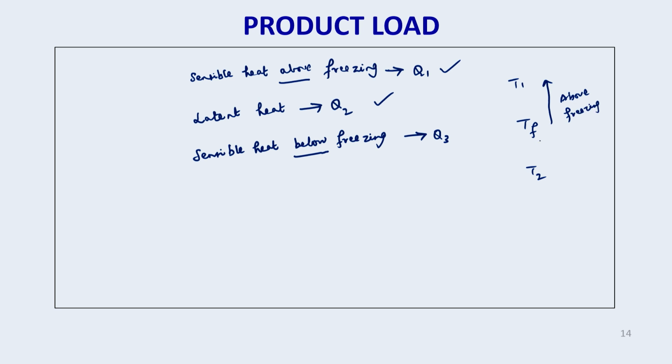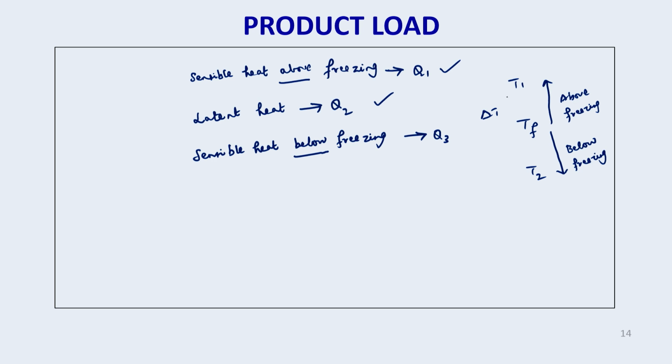So from T1 to TF, the delta T above freezing is T1 minus TF, and for below freezing, the delta T is from TF to T2.